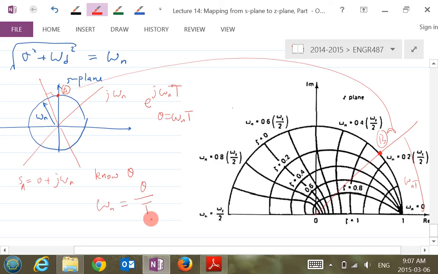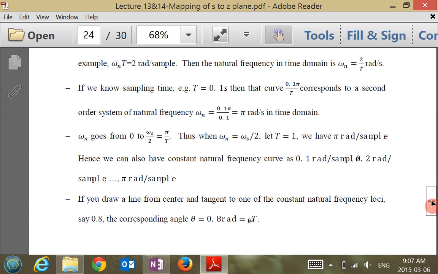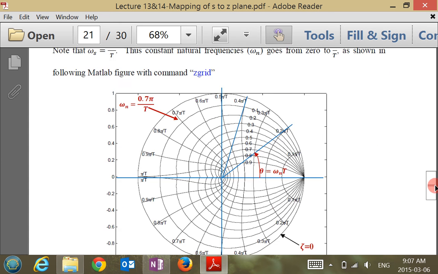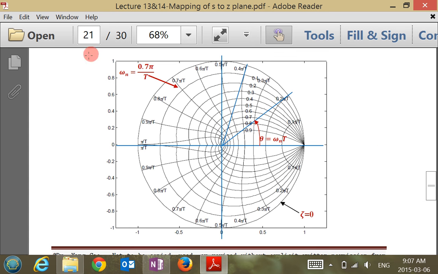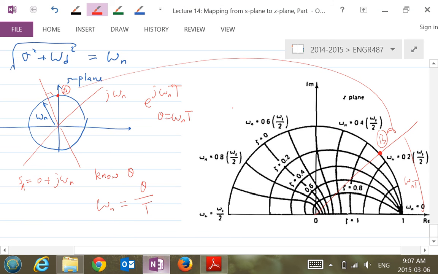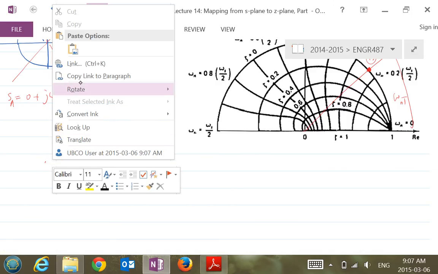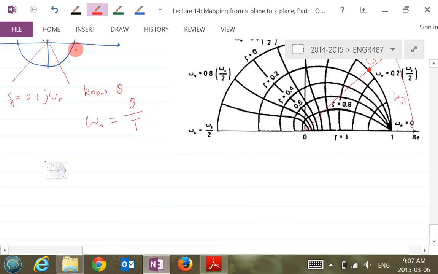So this is basically the whole idea of the next graph. What I'm trying to show you here is one drawn from a MATLAB command called zgrid.